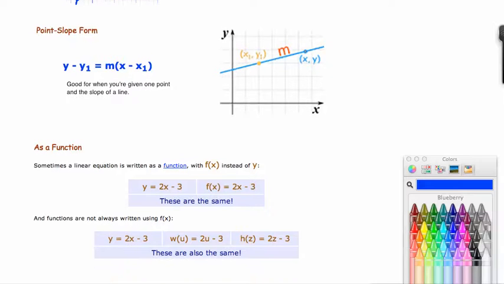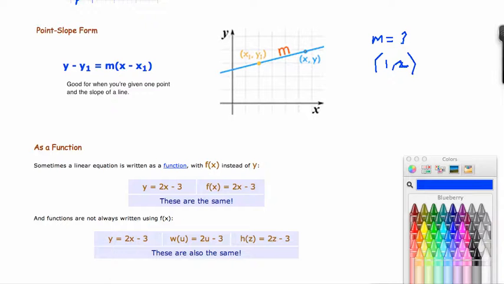The point slope form, again, is what it sounds like. It's really good for if you're given one point on the line, not necessarily the y-intercept, and then the slope as well. So let's say your slope is 3, and you're told it goes through (1, 2). Sorry, my pen's not working very well.